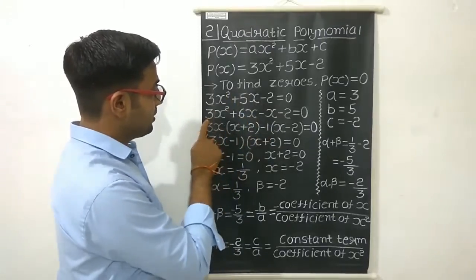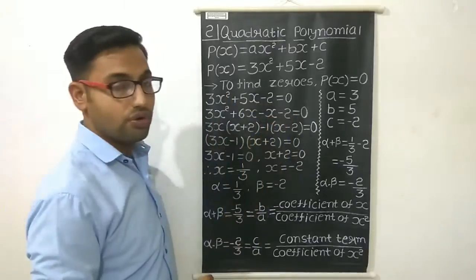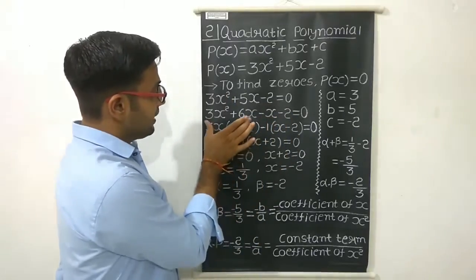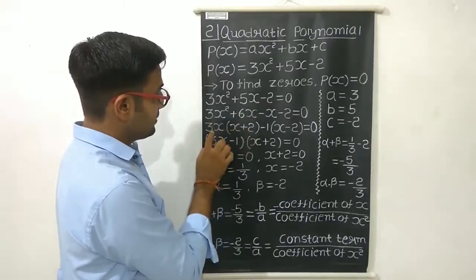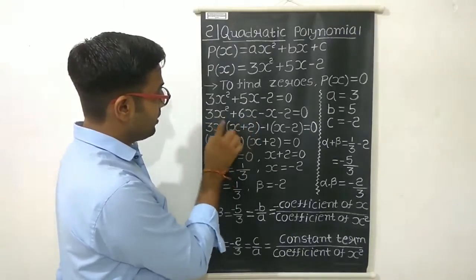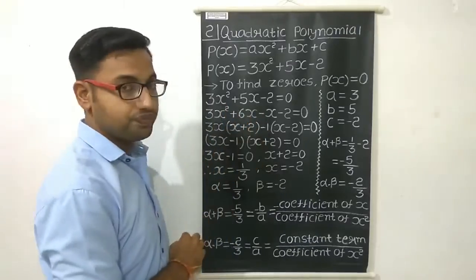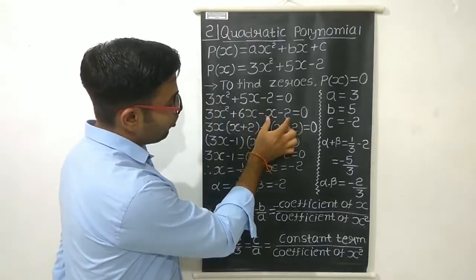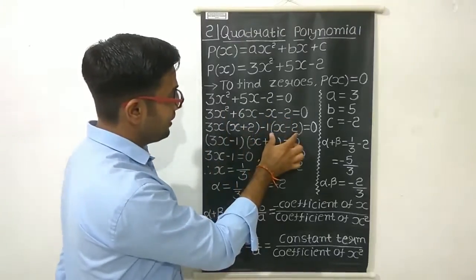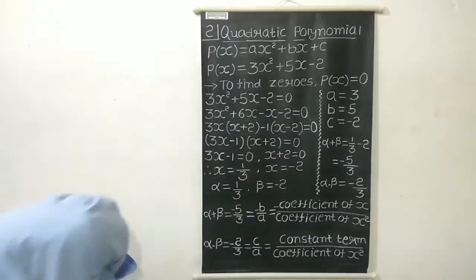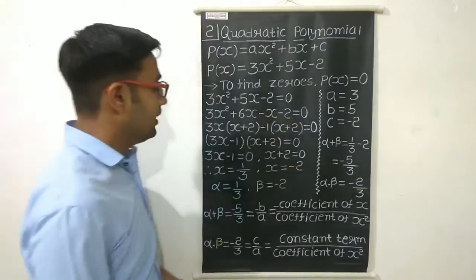So we can write here 3x square plus 6x minus x minus 2 is equals to 0. Now by taking common from these two terms, we can take 3x as common. By taking 3x as common, what will remain here is x plus 2. By taking common from these two terms, we can take minus 1 as common. What will remain in the bracket is x plus 2. X plus 2, right?